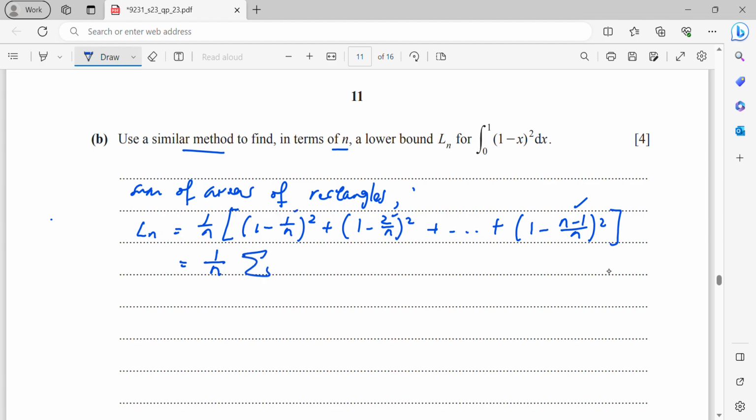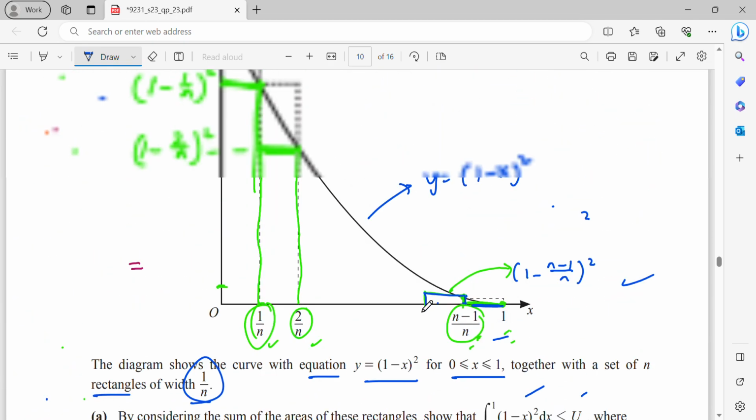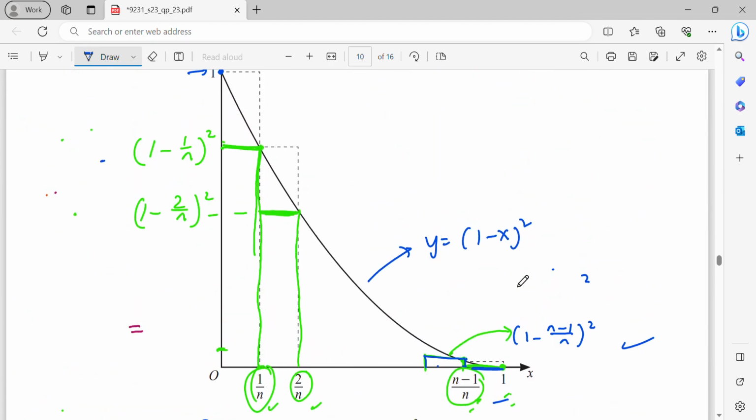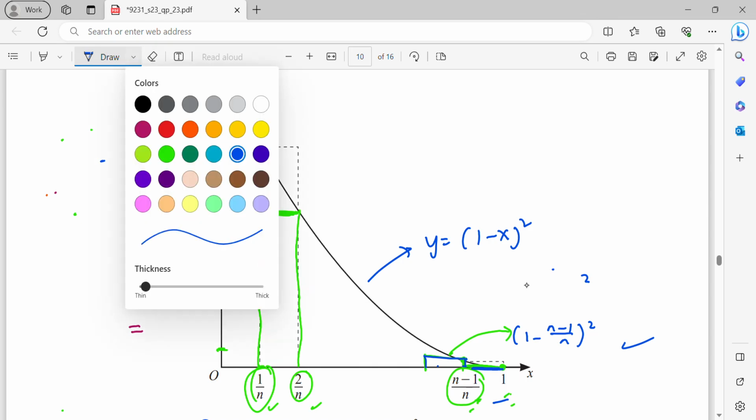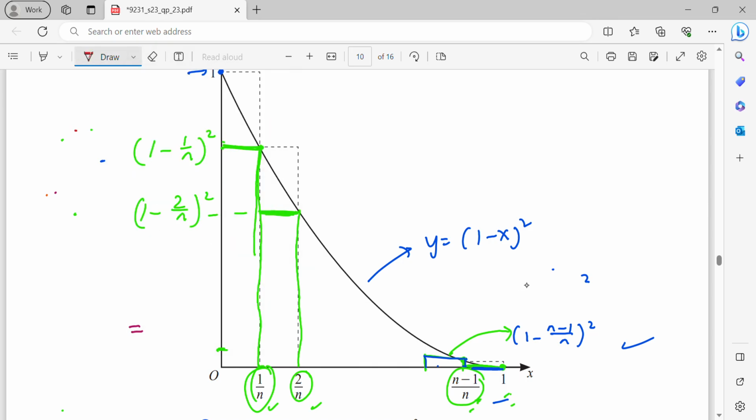So I will write summation of 1 minus r over n, squared, r from 1 until n minus 1.